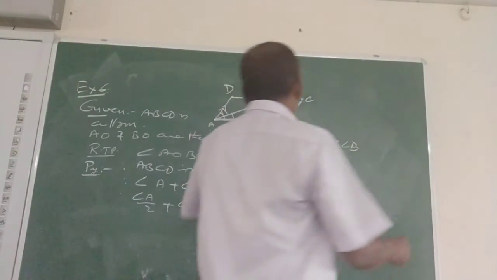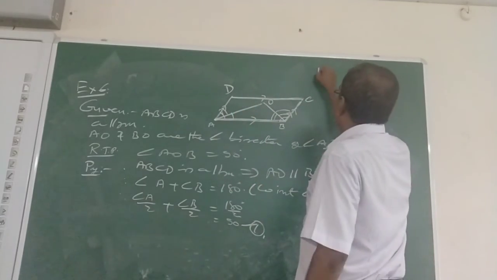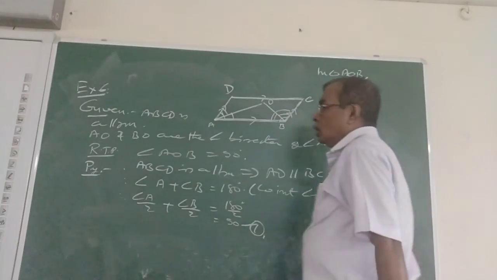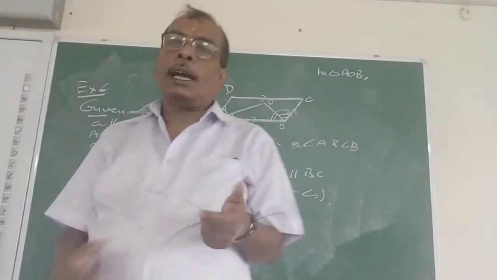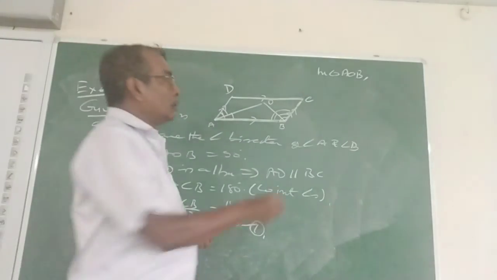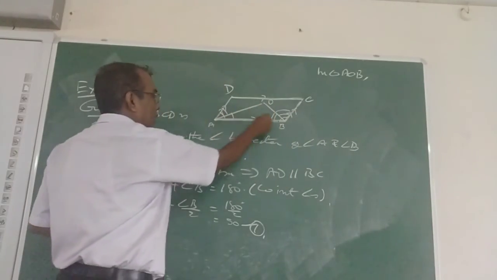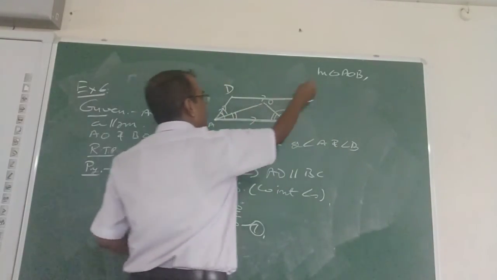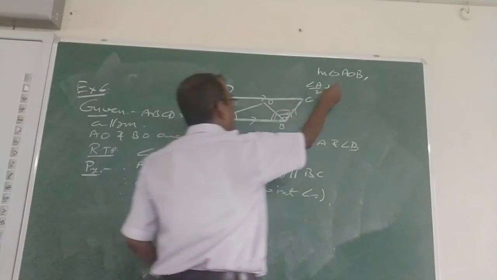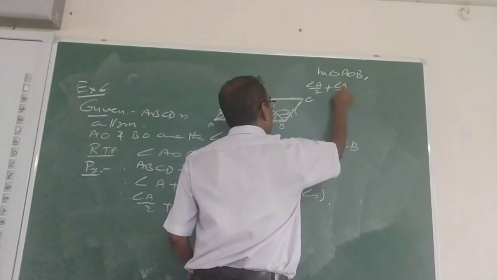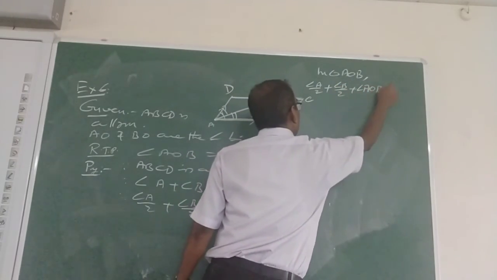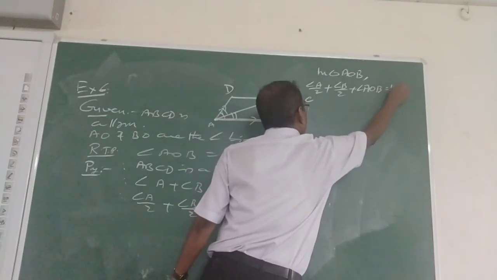Now I am writing the rest of the things in that corner where space is there. Now in triangle AOB, you know very well that the sum of the angles of a triangle is 180 degrees. So in this triangle, this is angle A by 2, plus this is angle B by 2, plus angle AOB is equal to 180.